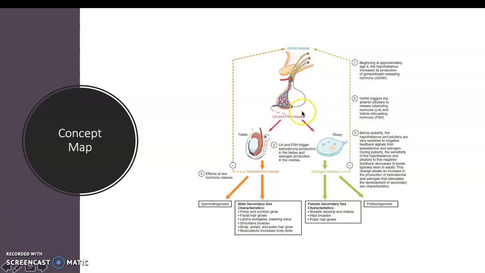If there was no FSH or no LH in either male or female, let's say there was something wrong with the hormonal release, or the anterior pituitary did not form correctly in order to release these, or doesn't create these in some way, this would actually lead to an individual being sterile.